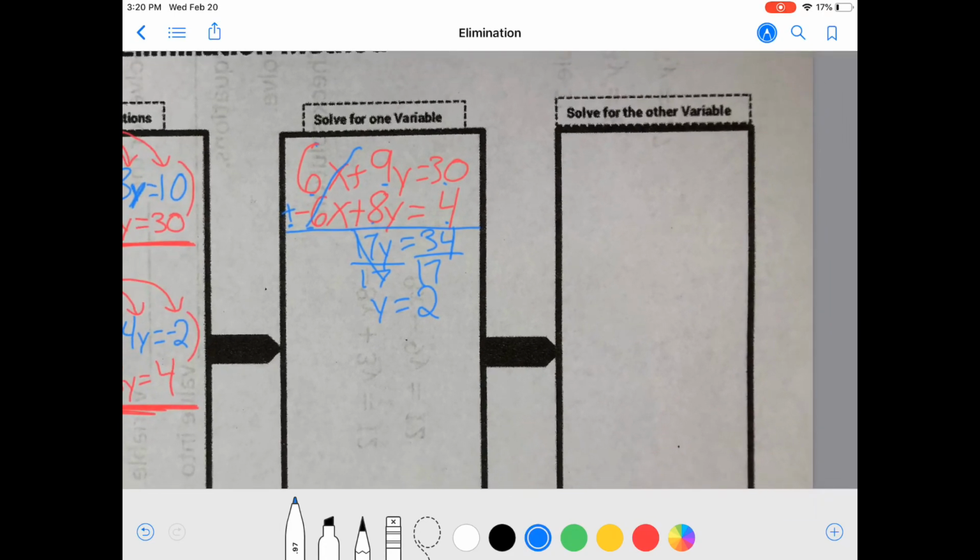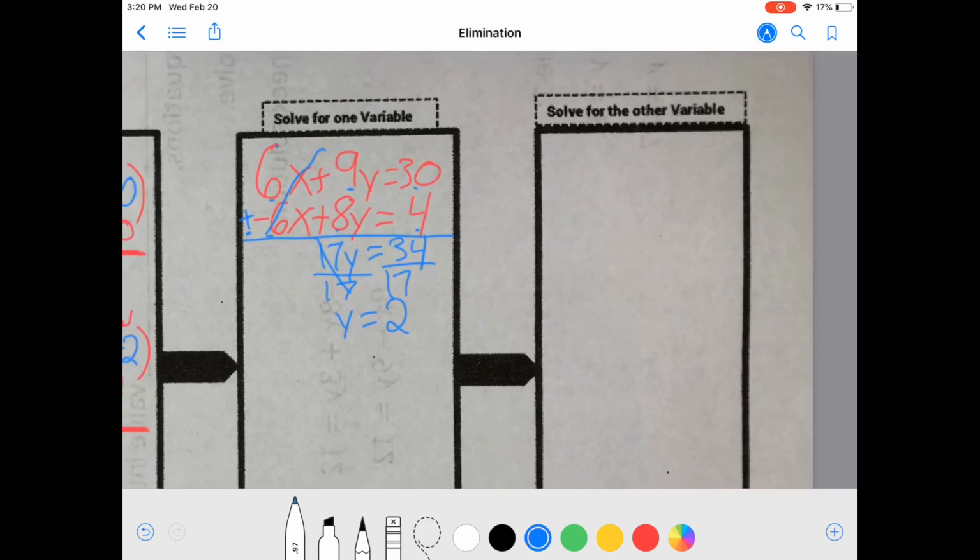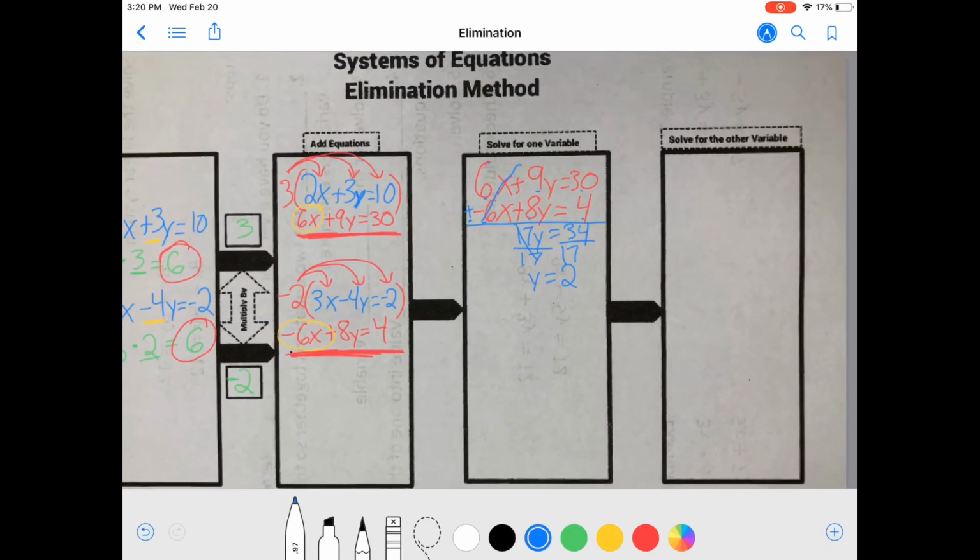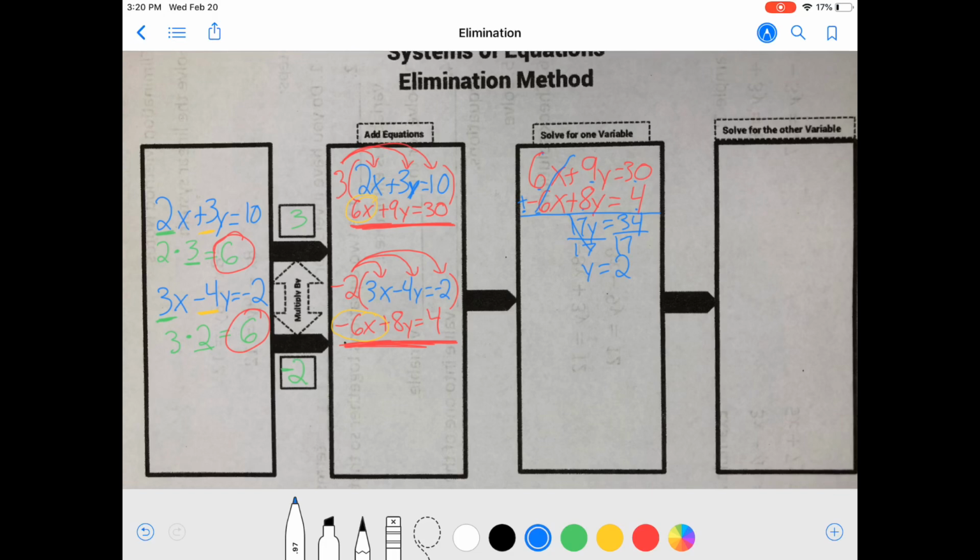Now we've got to solve for our other variable. So it does not matter which original equation you choose. It could be 2x plus 3y equals 10, or it could be 3x minus 4y equals negative 2.